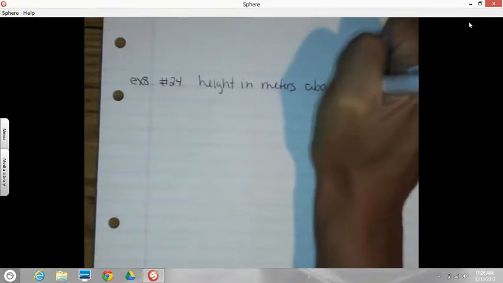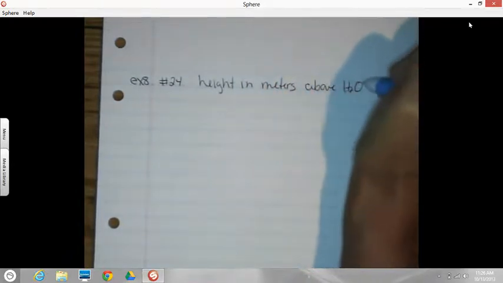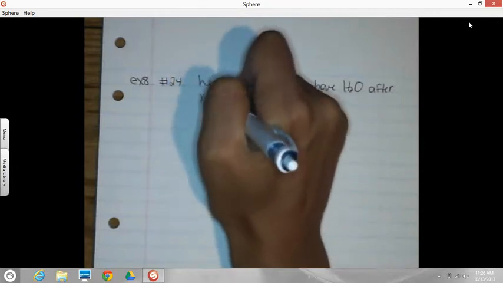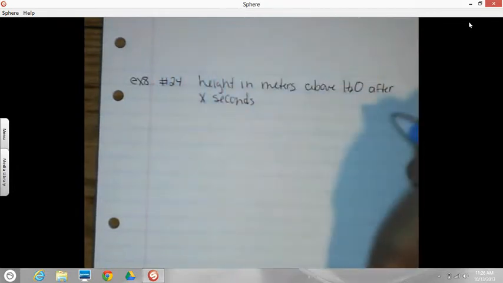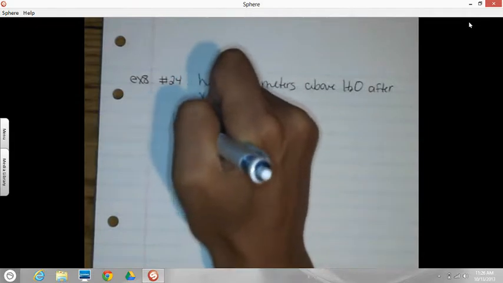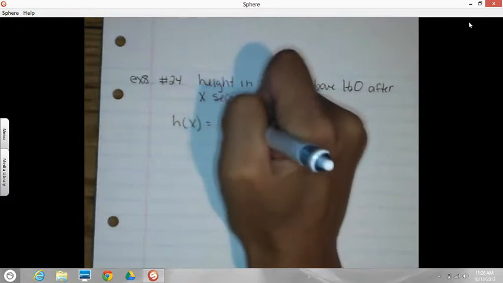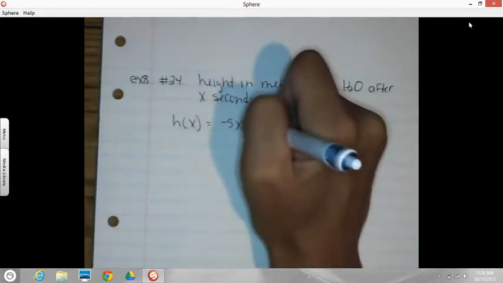As a result, its height above the water, so the height in meters above water after x seconds since he threw it, is given by this equation. Negative 5x squared plus 20x.